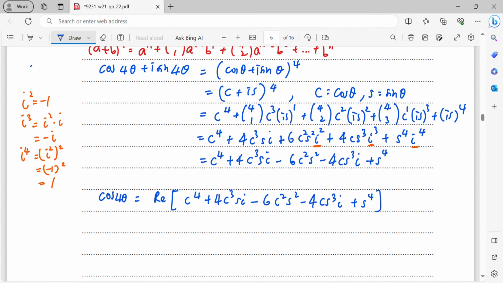Okay, so for real parts we just take the terms without i. So that is c to the power 4 minus 6c squared s squared plus s to the power 4. Then I convert the c to be cos. So here cos to the power 4 theta minus 6 cos squared theta sine squared theta plus sine to the power 4 theta.